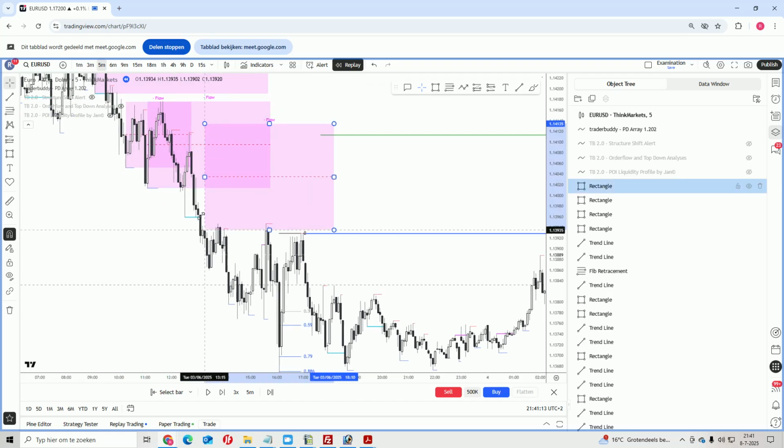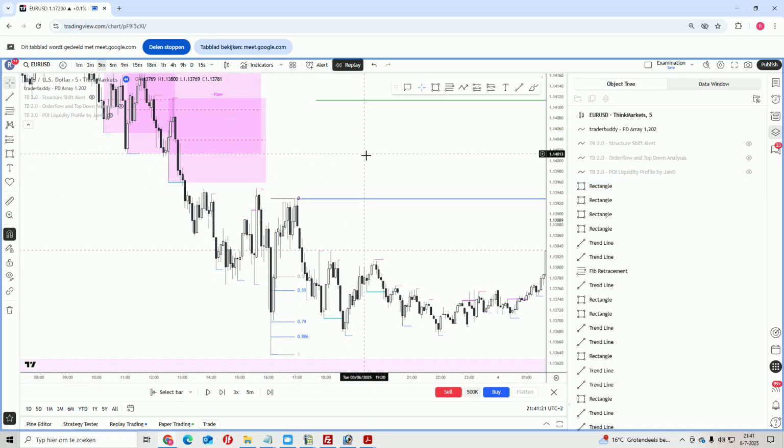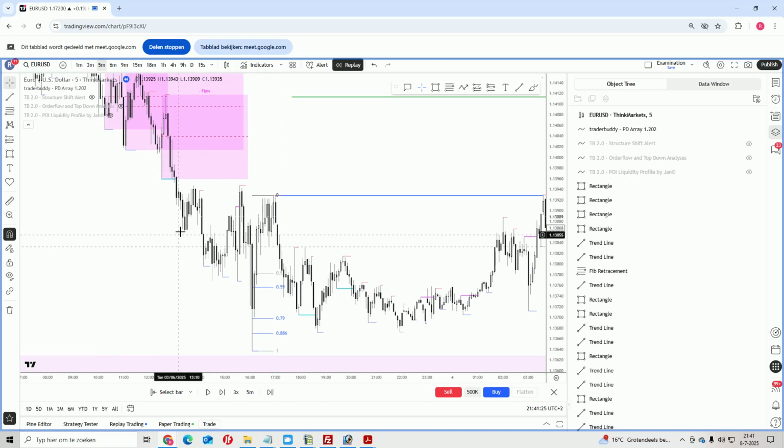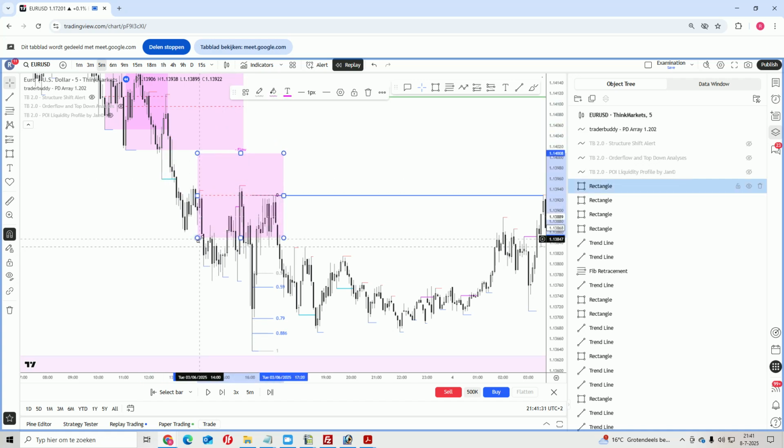Well, you get the drift. We get a break here, you take the highest point there. This is order flow. This is not a valid old low. And where do we get the break? There. What is the order flow?